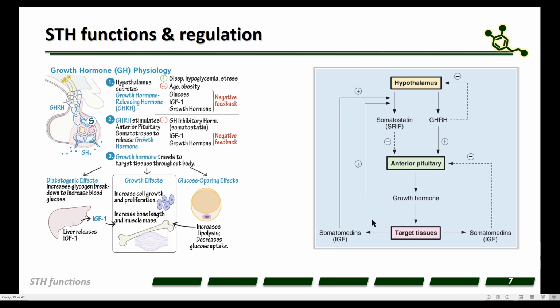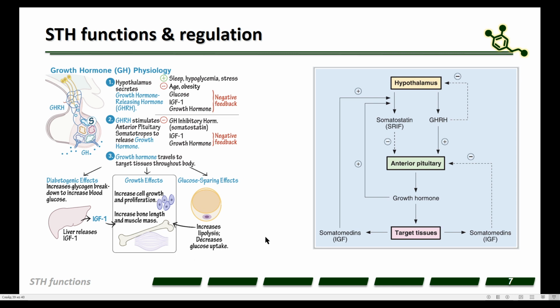But if there is too little insulin-like growth factor or too little growth hormone, then feedback will be sent to the hypothalamus and anterior pituitary to increase production of growth hormone releasing hormone, for the anterior pituitary to get activated to produce more growth hormone. So this is an example of negative feedback and how it works.